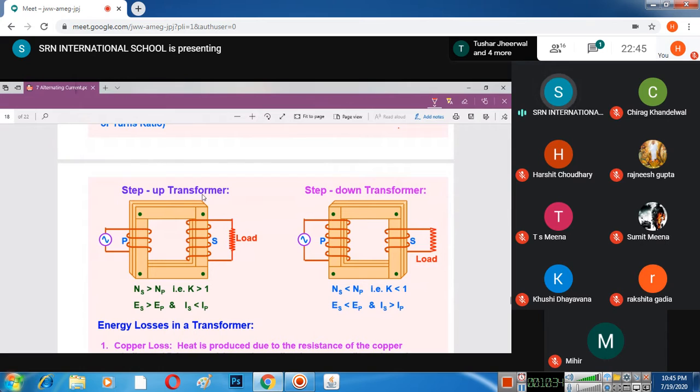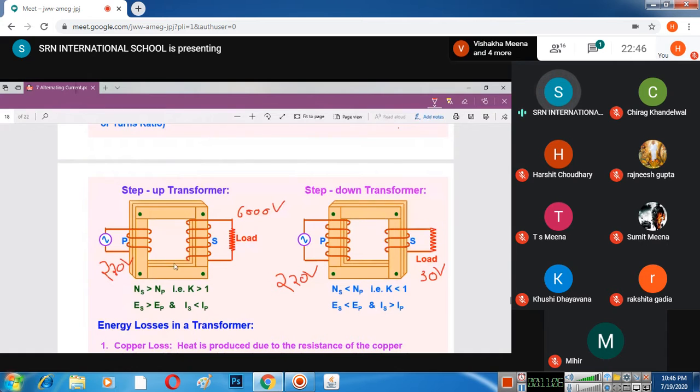Because it is transforming from 220 volt to 6000 volt, and it is also transforming from 220 volt to maybe 30 volt or 50 volt.